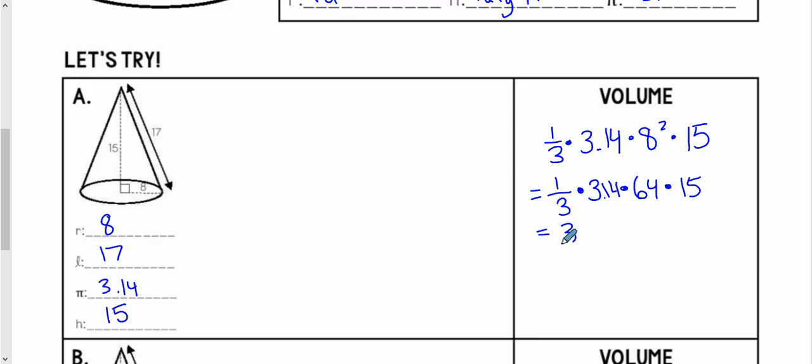So I could write less in the calculator by doing 3.14 times 64 times 5. That will give me the volume of this cone. 3.14 times 64 times 5. Oh, I get 1004.8. 1004.8 units cubed.